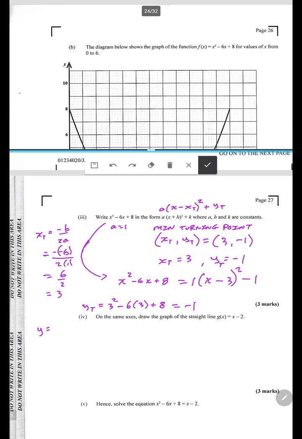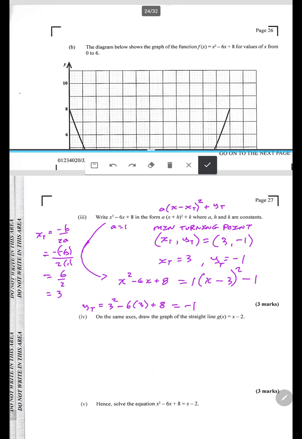Let's check it. 3 squared is 9. 6 times 3 is 18. 9 minus 18 plus 8. Yes, -1. So you can calculate them, but you don't need to, because you know the turning point and you know the a value is 1. You know the xt, yt value. So this time I didn't have to calculate them because you know the minimum point.